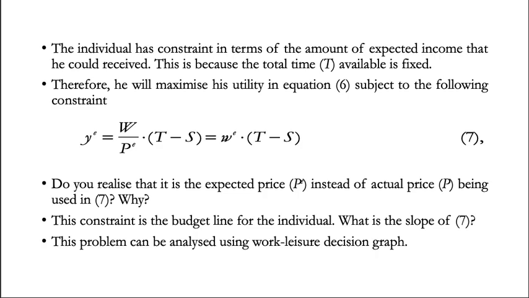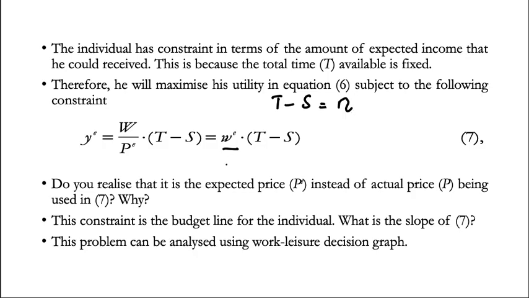So this is the individual constraint represented in expression 7 or equation 7. As you can see, expected income you receive is actually equivalent to the expected real wage times the labor hours, which is the total time T minus S, leisure hours. And then total time T minus S, like I said, is working hours for the individual, called N, small letter n.